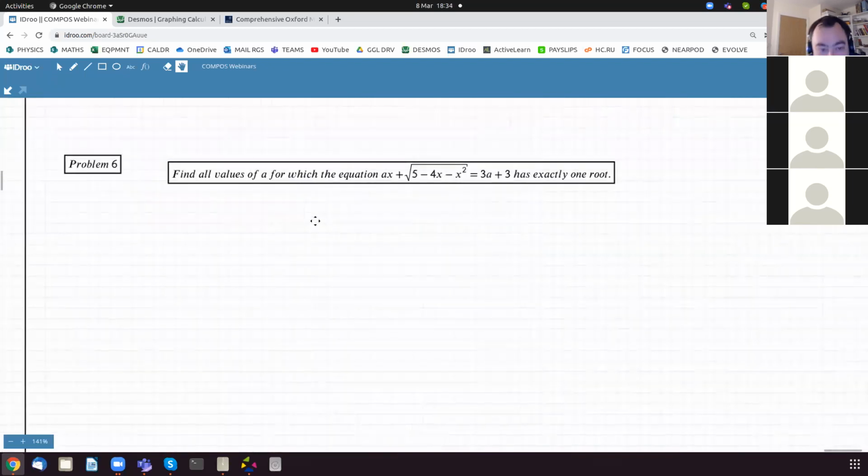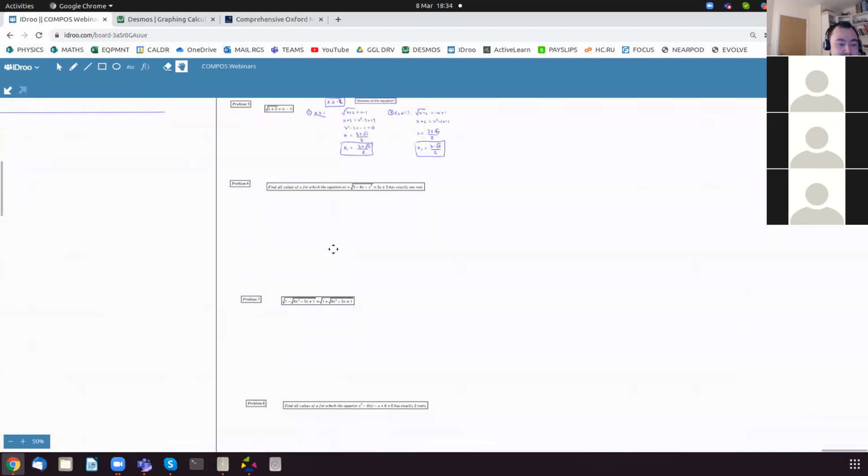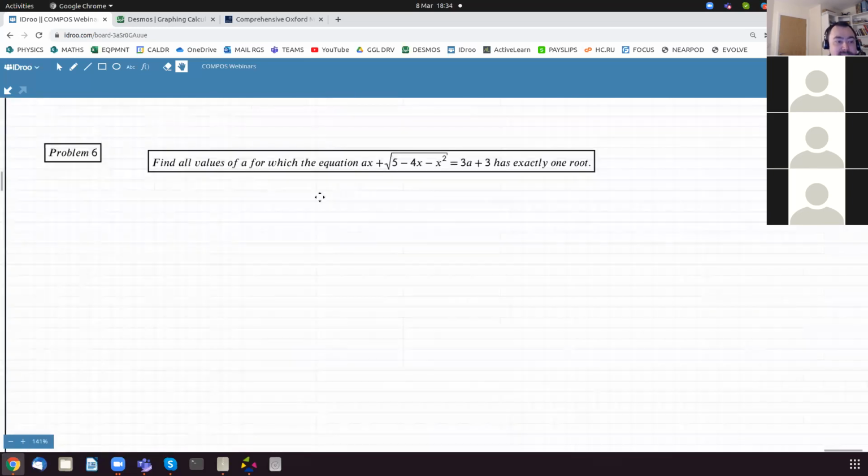Okay, getting to the interesting tasks. This one is probably the hardest problem of the set. It says find all values of a for which the equation has exactly one root. Wow. Okay, so what can we do? Well, first of all, I'm going to split it into two parts, split it differently.